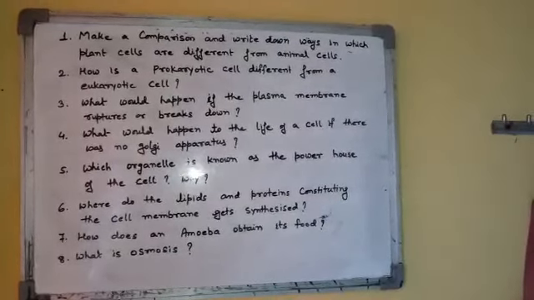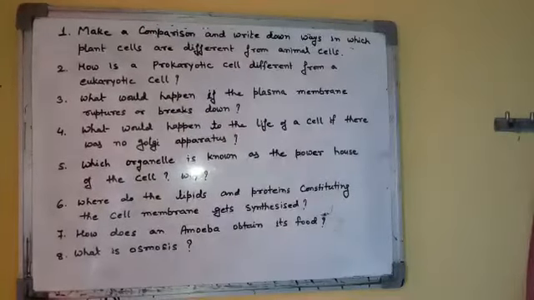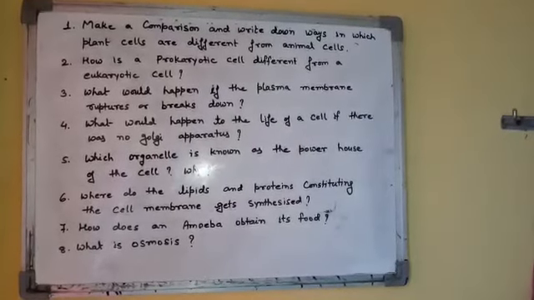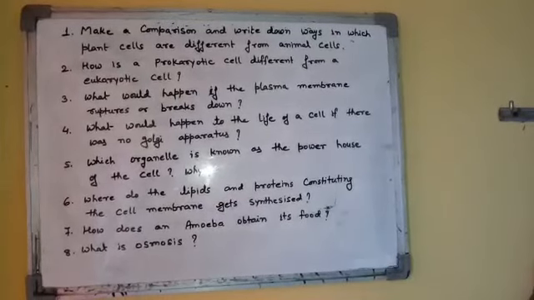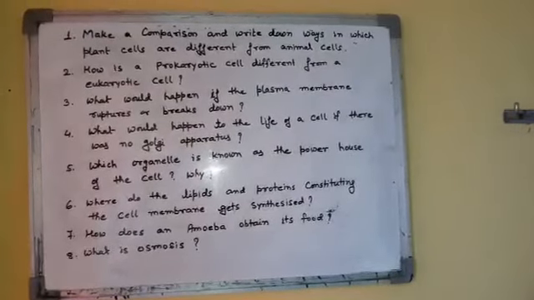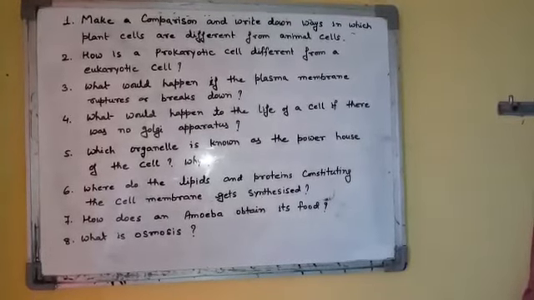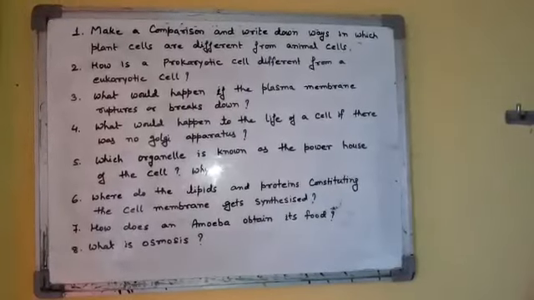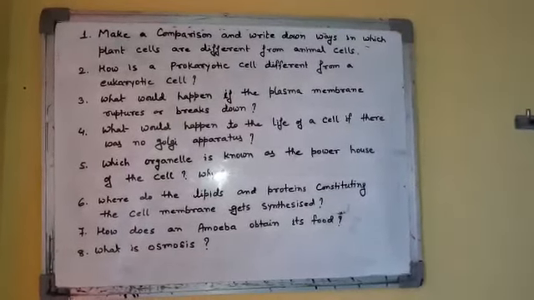The very first question, make a comparison and write down ways in which plant cells are different from animal cells. Here you have to simply differentiate between plant cells and animal cells. So make a column, write plant cells one side and animal cells another side, and you will write down the points, the differences between the both.